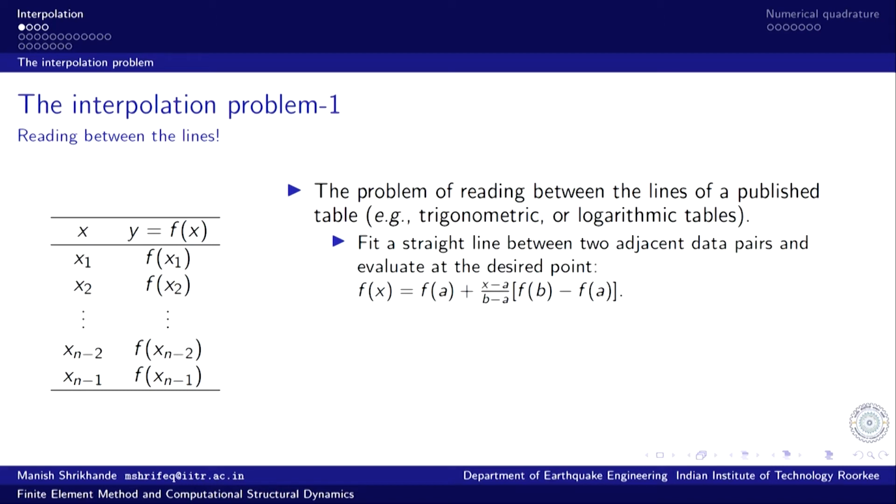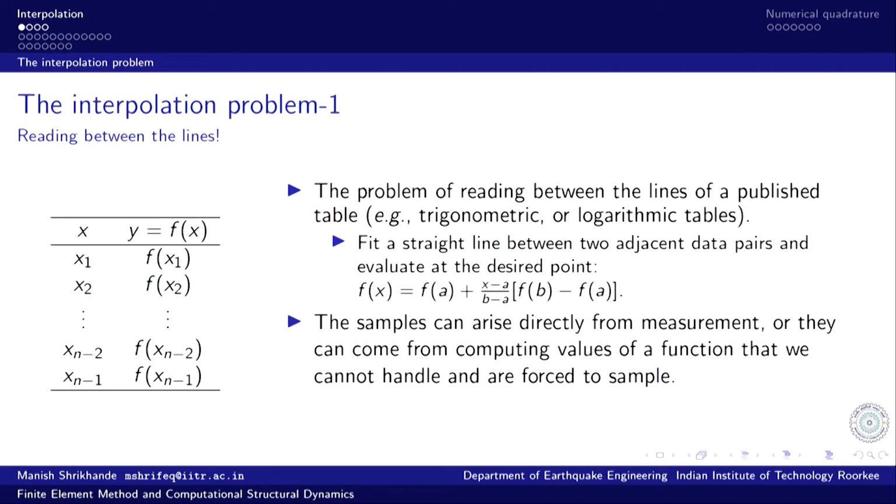So, that is the basic idea: fitting the straight line between two given points, and sampling the value at any point in between. That is what we naturally do, and the samples can arise directly from measurements. We can have tabular data of measurements, or they can come from computing.